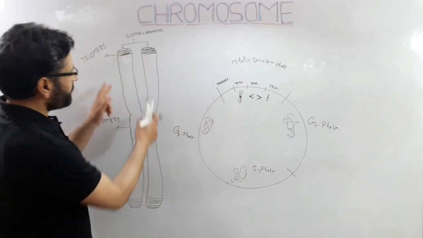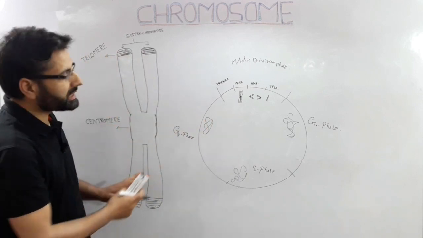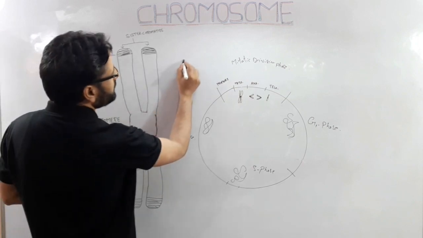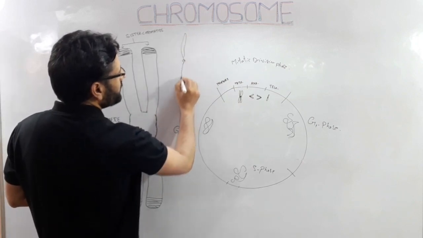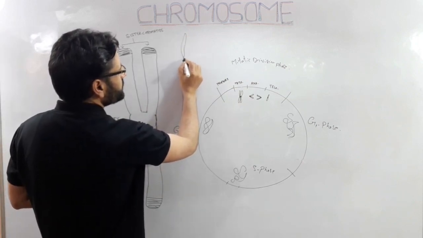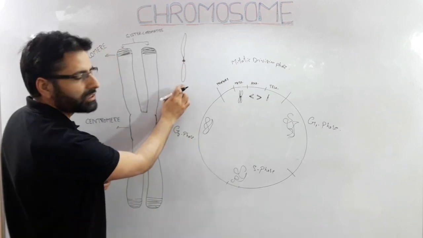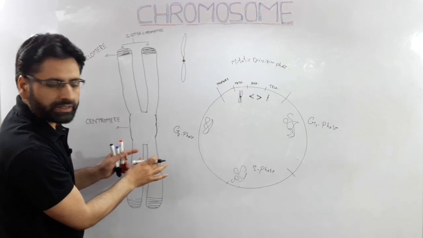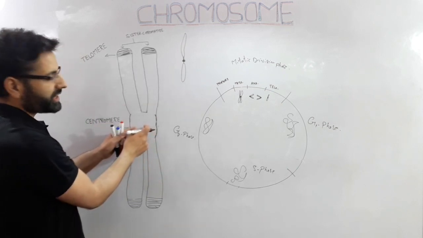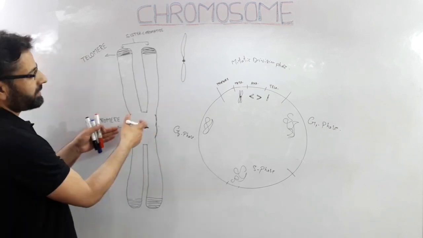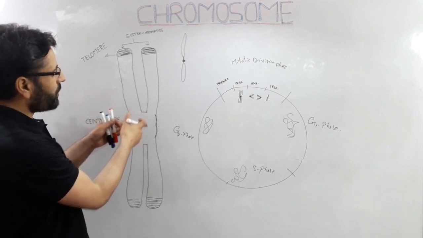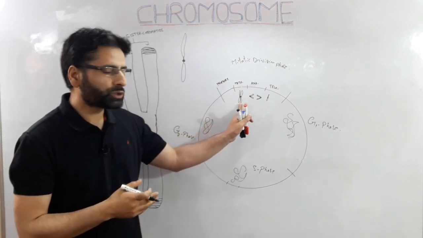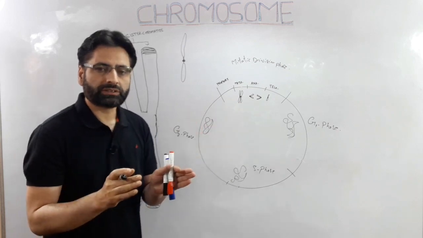So here we are taking the structure of the chromosome present at the metaphase. You can take the example of a single chromosome like this, and this one is actually two chromosomes sharing the same centromere. Here we will describe the structure of the chromosome present at the metaphase.